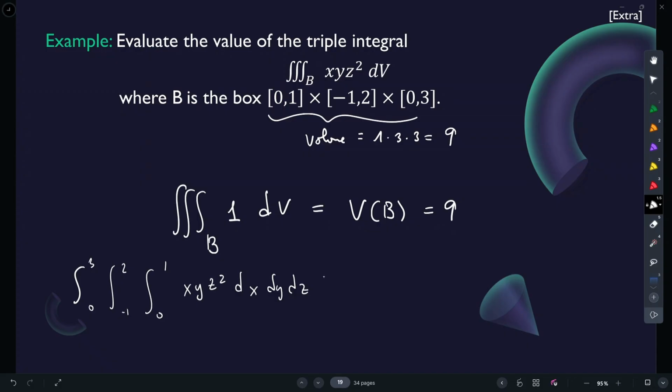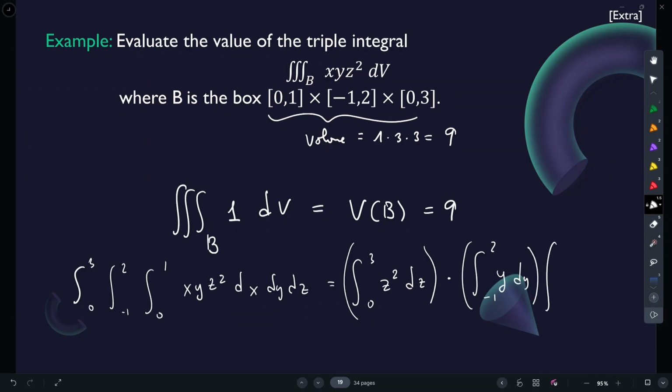So this is, in fact, the integral from 0 to 3 of z squared dz times the integral from minus 1 to 2 of y dy, and the integral from 0 to 1 of x dx.